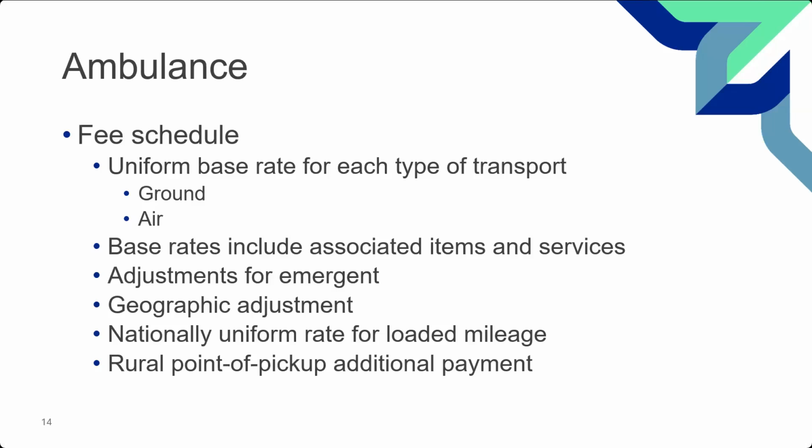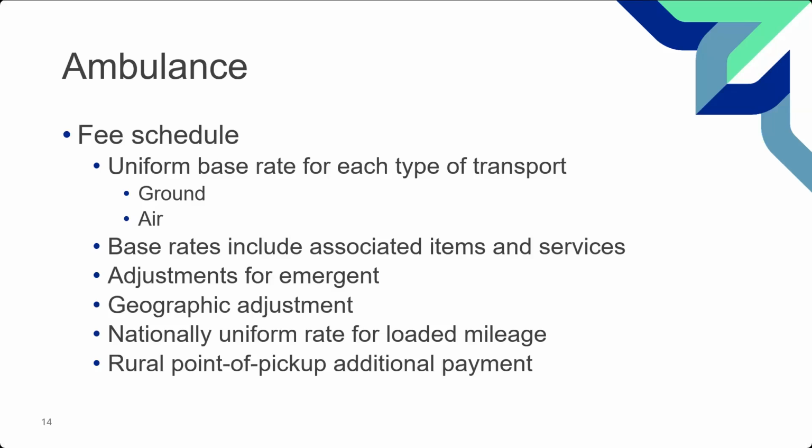We also have adjustments for emergent and non-emergent. It just depends on the level that you're performing because it is divided into various levels. So for instance, the ambulance fee schedule for ground is basic, emergent, non-emergent, advanced life support level 1, emergent, non-emergent, advanced life support level 2, which is always emergent, or specialty care transport, always emergent.